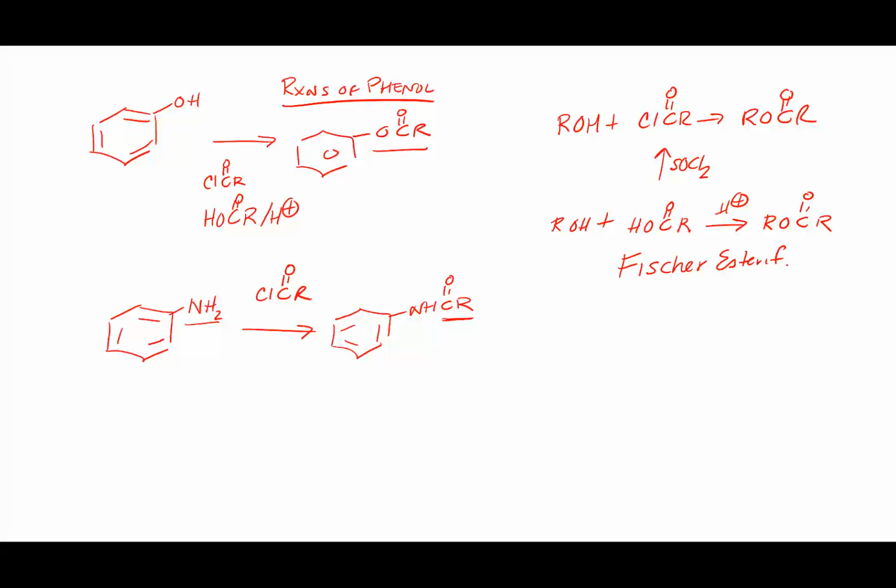The way we did it in the lab, remember we put this group on the nitrogen before we KMnO4'd the CH3 group. And then we took this group off last week so that we could add the NH2, so that we could add the carboxylic acid, the ethanol, and make the ester at the other side of the molecule. What did we do here? We actually used acetic anhydride.